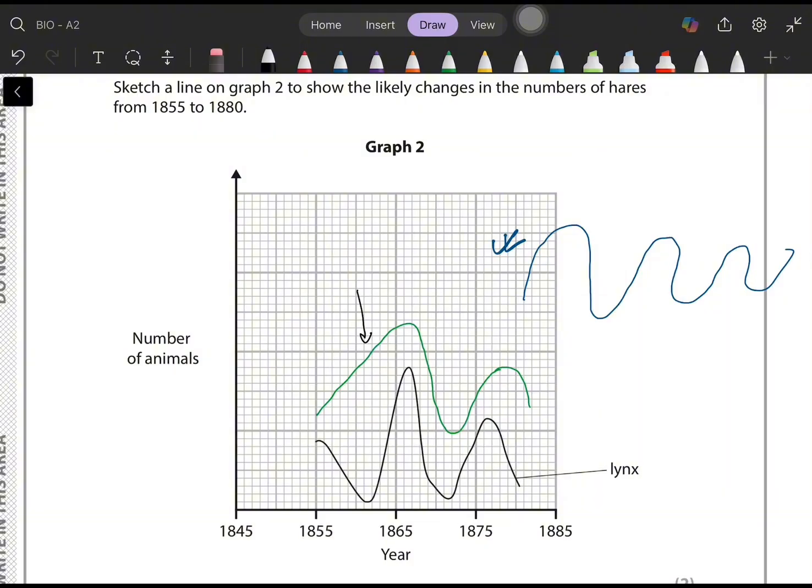So when the lynx eats the hares, their number is going to decrease, and when the lynx does not eat the hares, the number of hares is going to increase because they are going to reproduce.